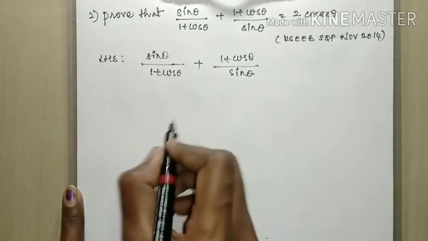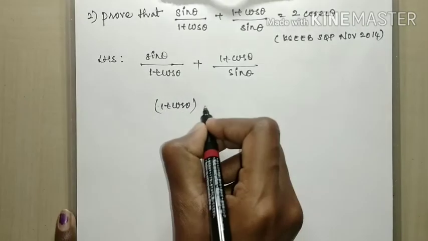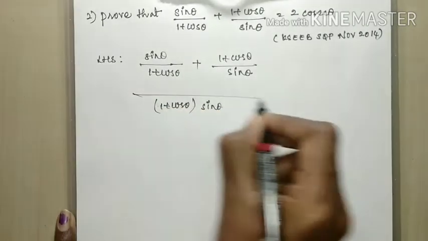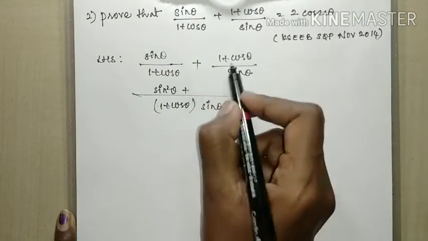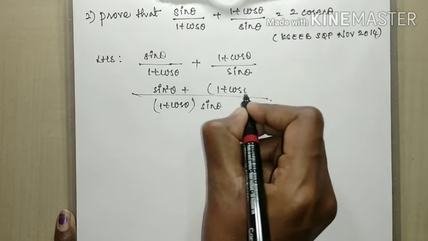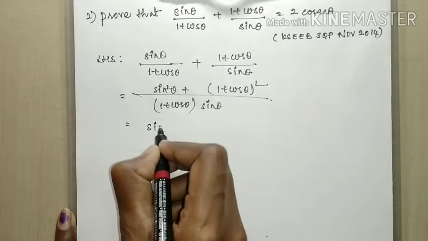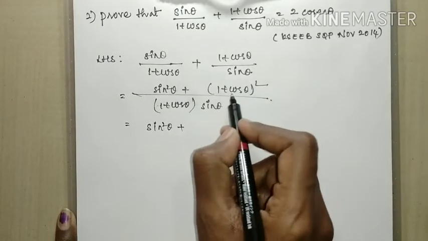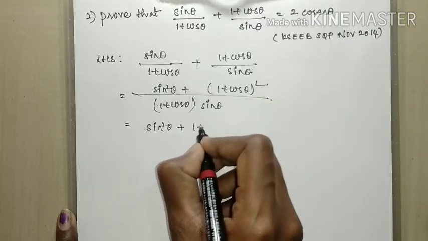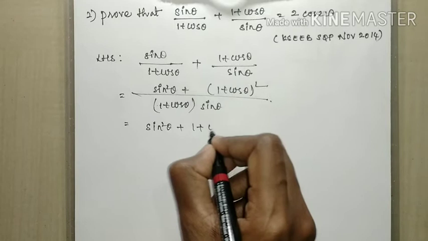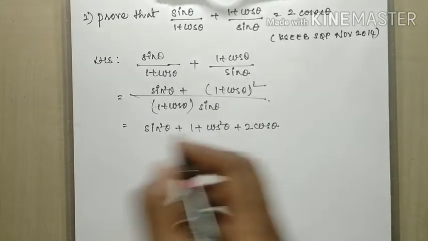So now I'll take the LCM, that is 1 plus cos theta into sin theta. Now it will become sin square theta plus 1 plus cos theta the whole square. So now this is sin square theta plus, this is a plus b whole square, where a is 1 and b is cos theta. 1 plus 1 square is 1, plus b square is cos square theta, plus 2ab is 2 cos theta into 1.